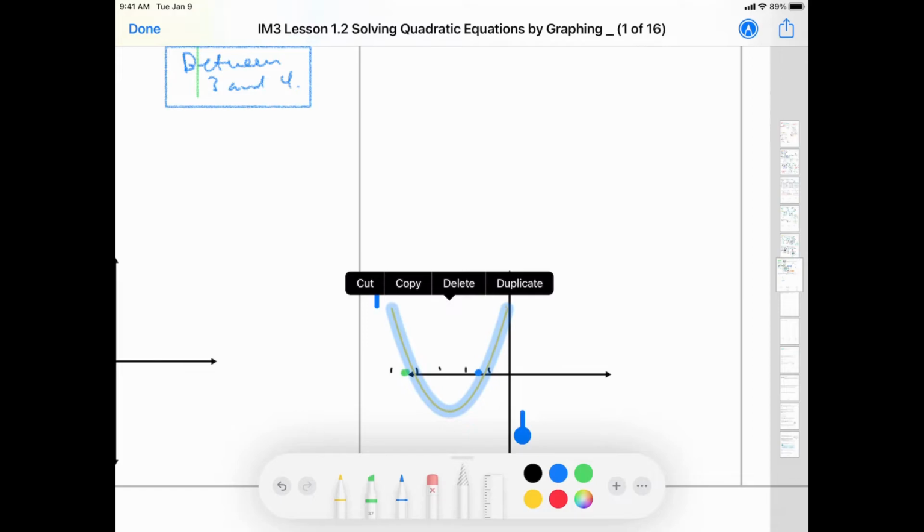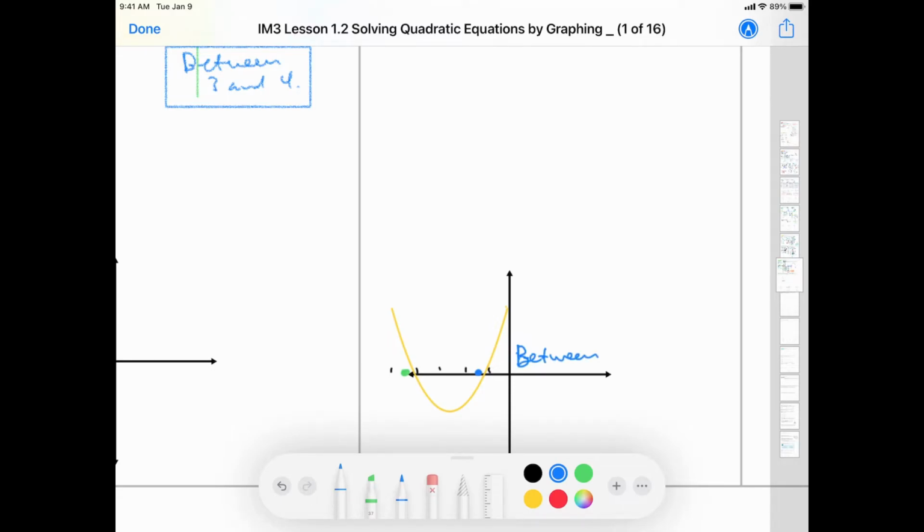Okay, that's enough. So we can say between -1 and -2. This one is between -4 and -5. Okay, let's see what this looks like on a table of values. That's what I want to show you guys.